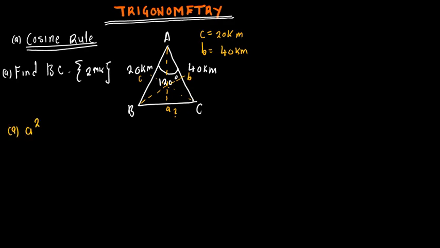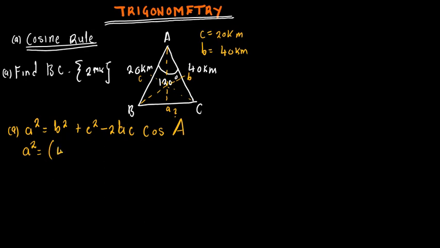A squared is going to equal B squared plus C squared minus 2BC cosine A. All right, now let's put in the figures. So A squared is going to equal, what is B?